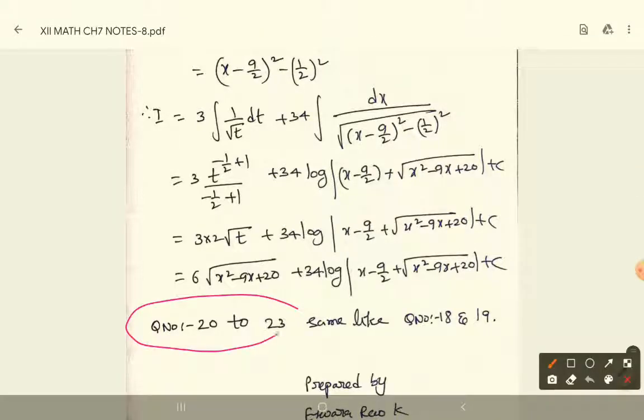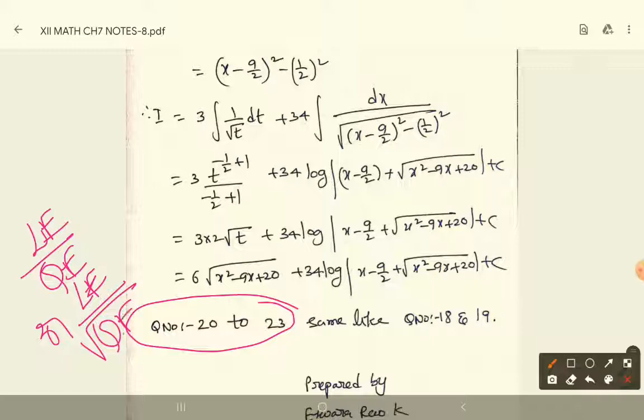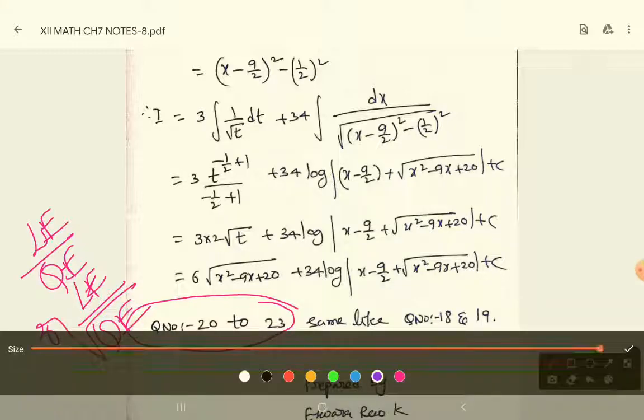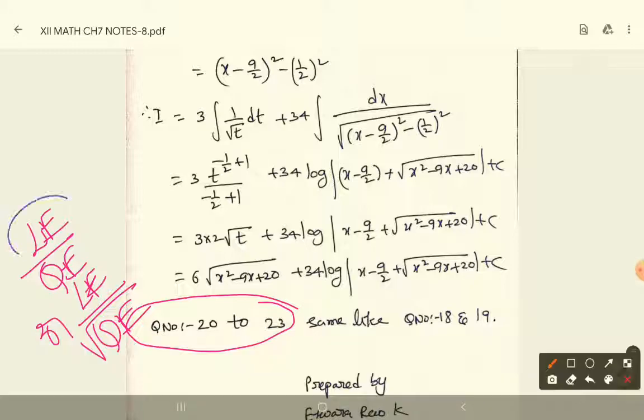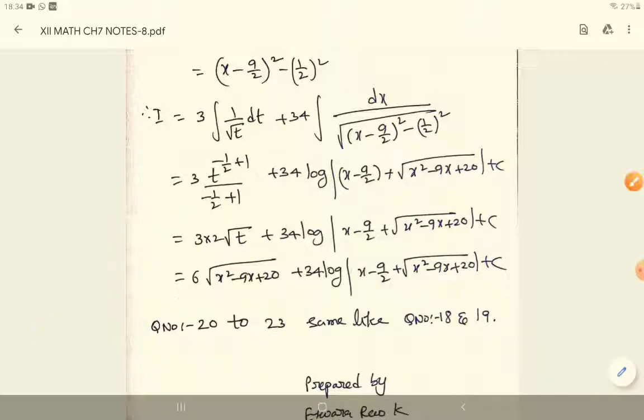All are models of the same type, which are linear expression by quadratic expression or linear expression by root over quadratic expression. When these kinds of questions are there, the numerator, the linear expression, must be expressed as a into derivative plus b.